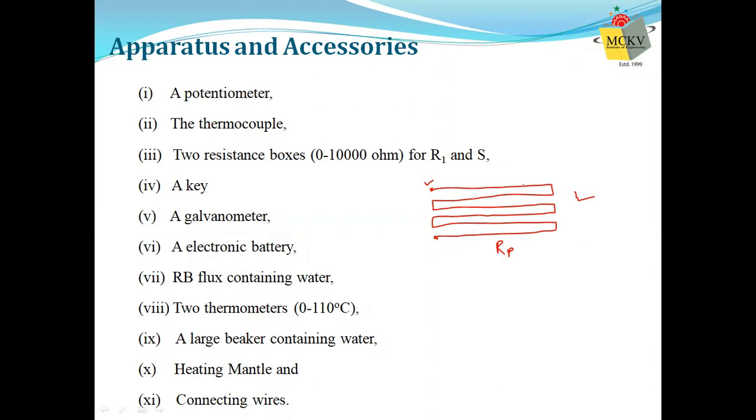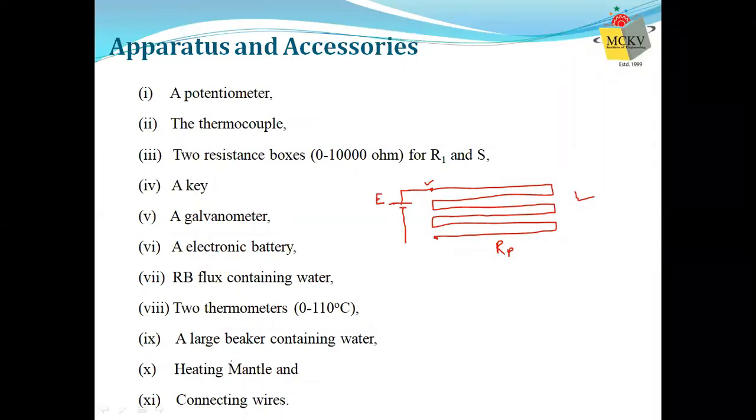So what we do is, let us say we connect a battery to this potentiometer wire. A battery is connected, and let us say it has EMF E.